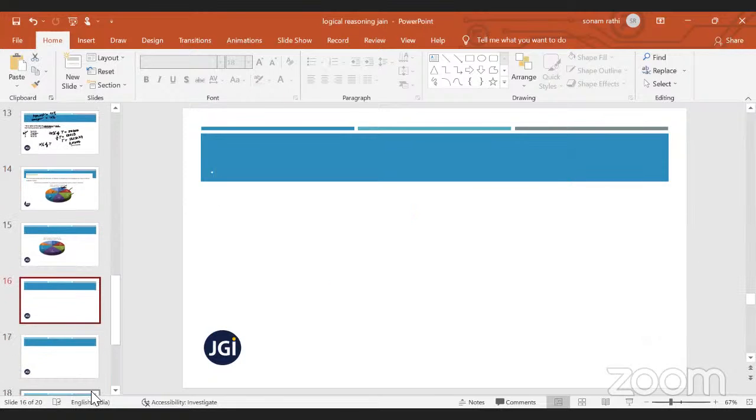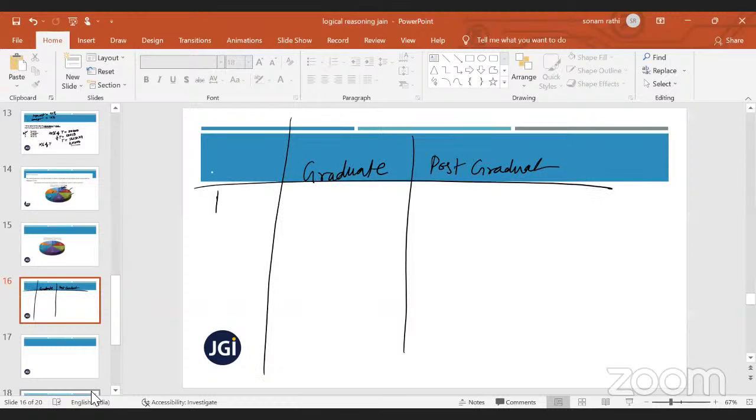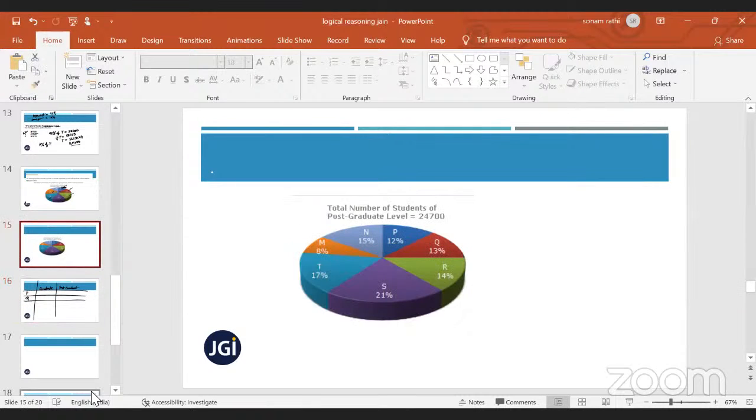So what I will do, there are two things, graduate and postgraduate, correct? And what is given to us?